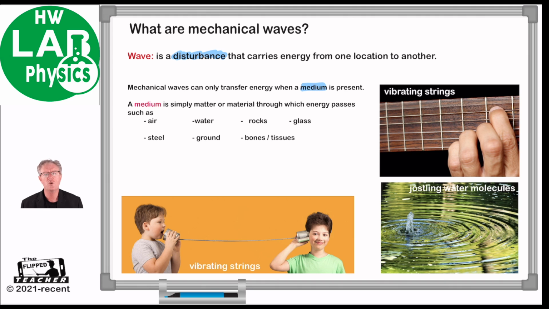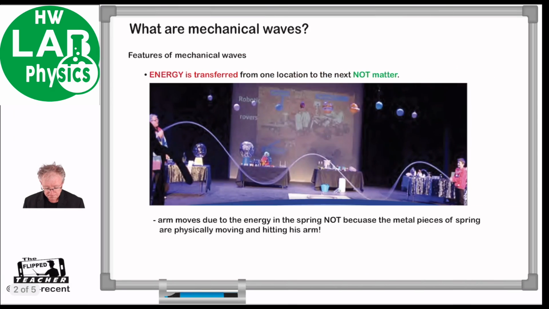Those sound waves cause the atoms in your tissues and bones to vibrate at different rates and transfer energy. We can use those different vibrations and reflections of sound to give us a picture inside your body, so the medium in that instance is the components of your body. A medium is just a bit of matter or material through which energy transfers. Make sure you've got that definition down.